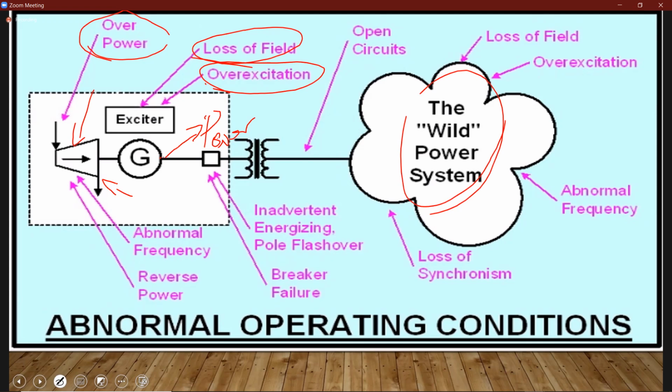The generator in and of itself, per se, does not create its own power. So it's the mechanical power from your prime mover that produces that electrical power. All right. So depending on the speed, it can cause frequency issues. We can have retardation issues. From the circuit breaker, you can have the breaker failing.